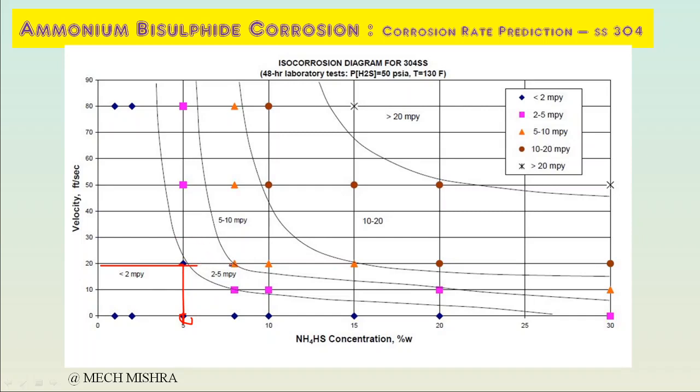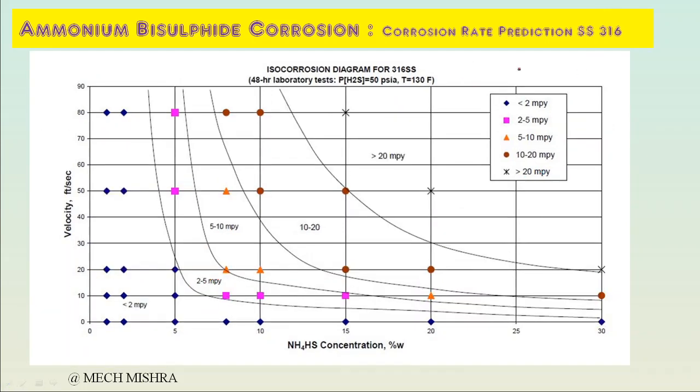In between this there will be a corrosion rate of 2 to 5 mpy. Likewise you can calculate the corrosion rate for SS304. This is for 316, which is similar to SS304 metallurgy, and you can predict your corrosion rate by this curve.